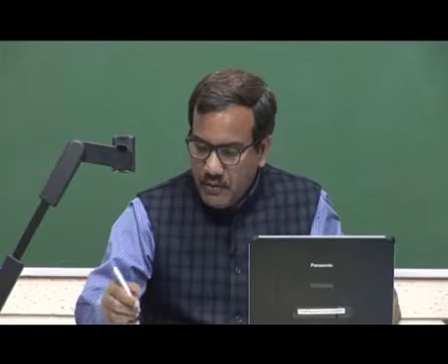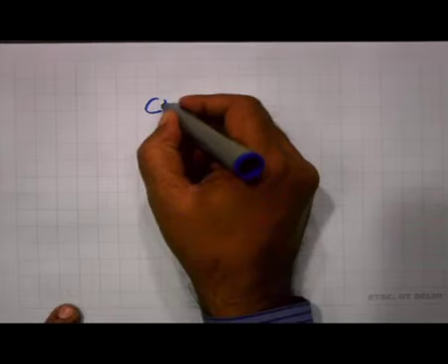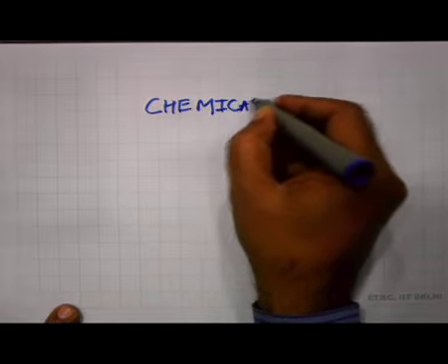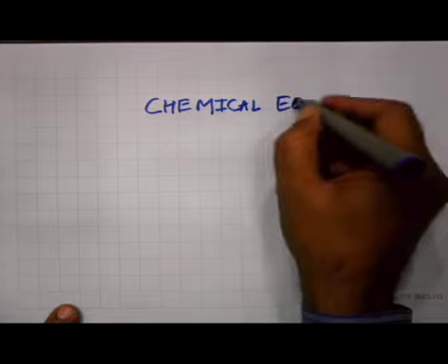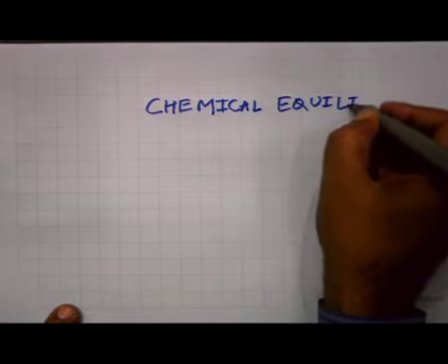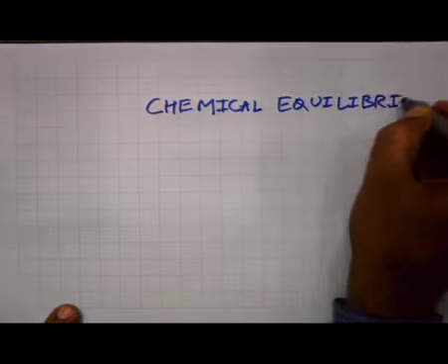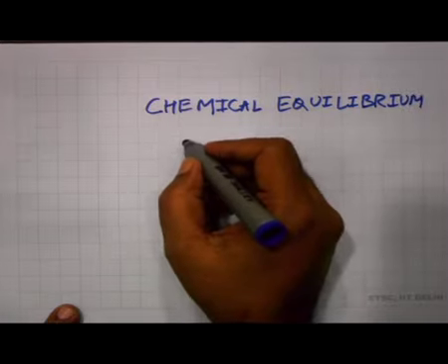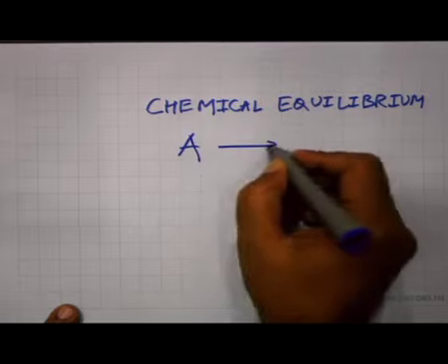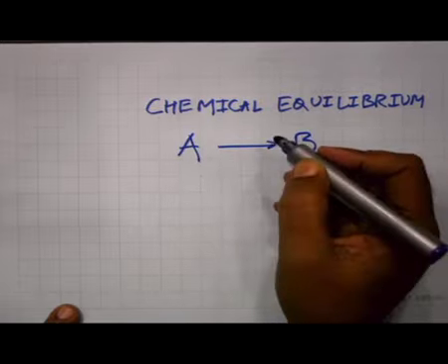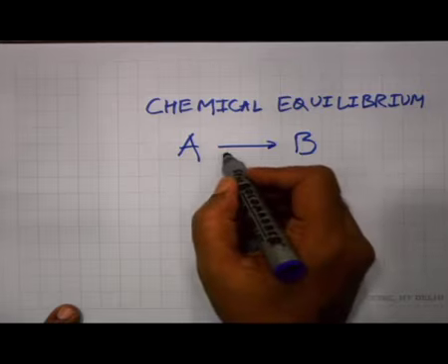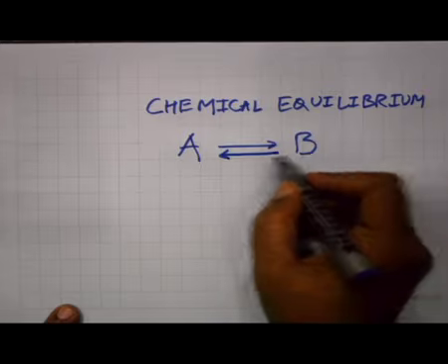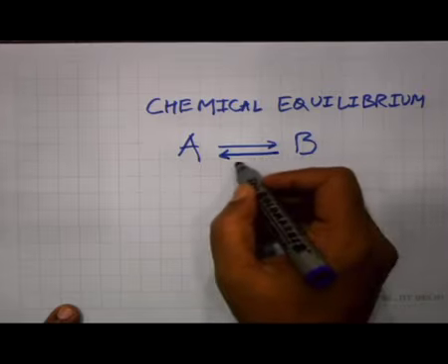In case of chemical equilibrium, we are talking about equilibrium in a chemical reaction, suppose A to B, where A is a reactant and B is the product. There is also a tendency to go from B to A, and that is your reverse reaction.